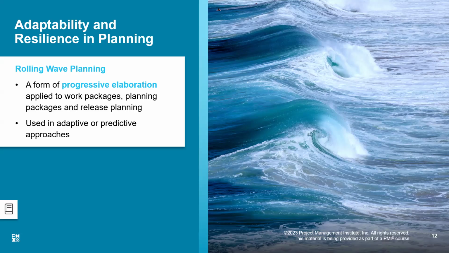But how agile adopts it is a little different. In a predictive project, our emphasis is on upfront planning. We try to plan as much as we can in the beginning. And if something cannot be planned, we will progressively elaborate on that.